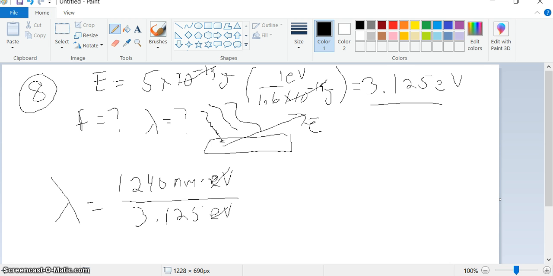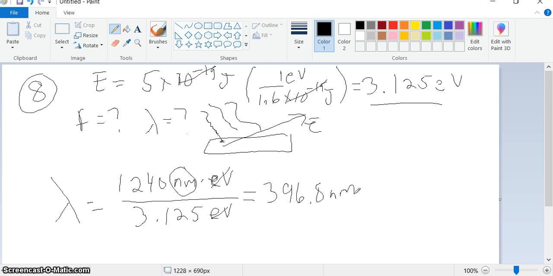So I put this number in my calculator, and I get, notice the answer will be in nanometers because that's the units that are remaining, 396.8 nanometers, right? Which is just barely in the ultraviolet region. Remember, the bluest light the human eye can see is about 400 nanometers. So this is actually really close.